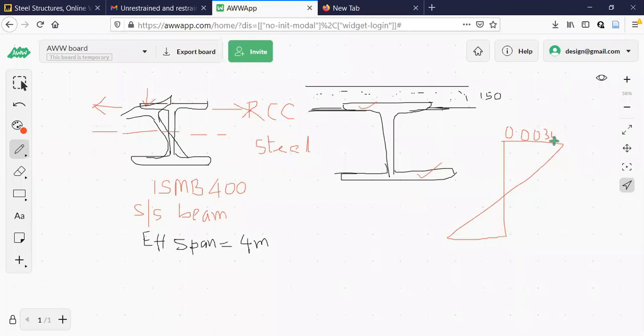What is this? The ultimate strain in concrete, irrespective of whether it is M20, M30, M40, whatever grade of concrete. At this strain, concrete has failed. The forces or stresses are such that the strain has reached a value of 0.0035.